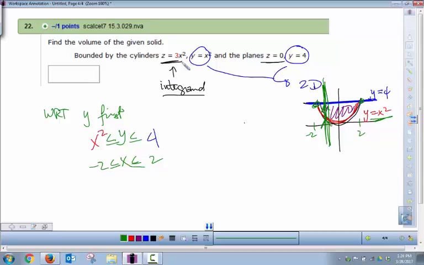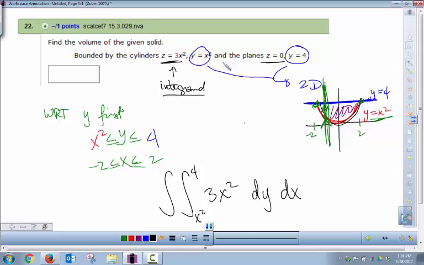We have our integrand, and we have our limits. Our integrand is 3x squared, right? And we're integrating with respect to y first, so that's just dy. Y goes from x squared to 4. And then our x, dx, is going to go from negative 2 to positive 2.